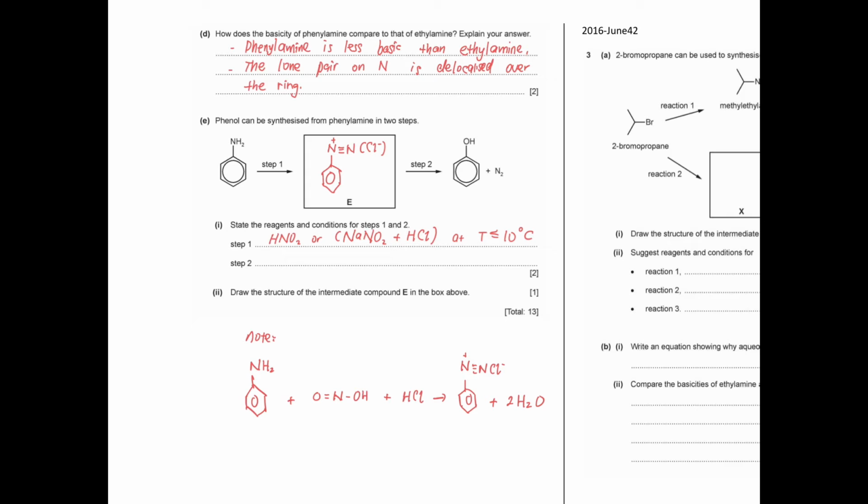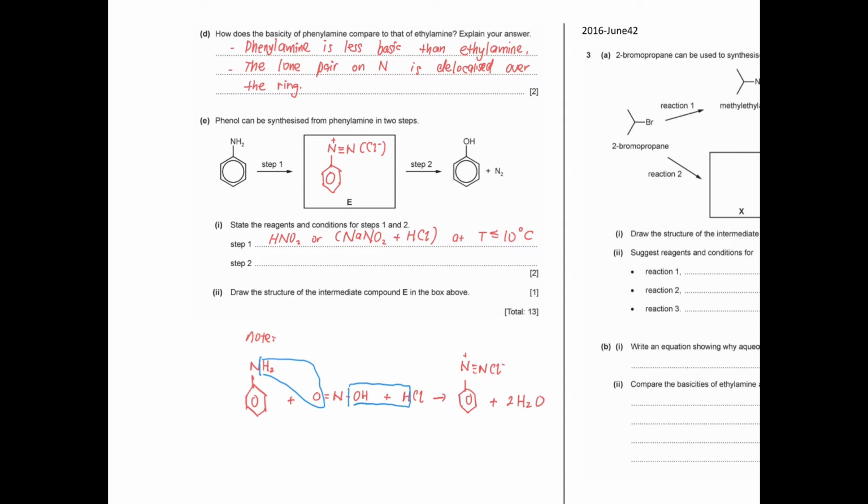Okay, so if you still remember, the explanation is something like this. This is the first H2O. This is where they get the second H2O. And then after taking out the H2O, you can see that this nitrogen forms a triple bond with this nitrogen. So that's why there's a triple bond here. So this is the benzene diazonium chloride.